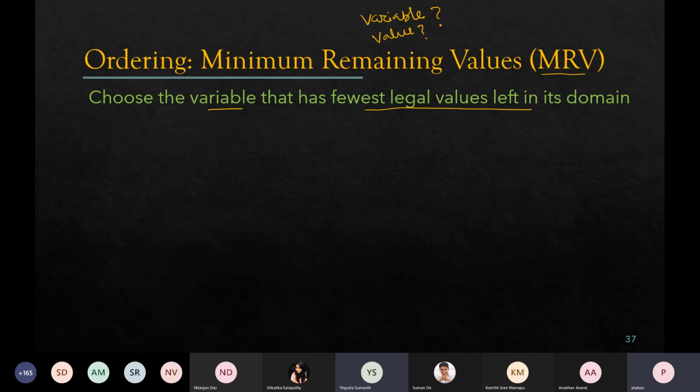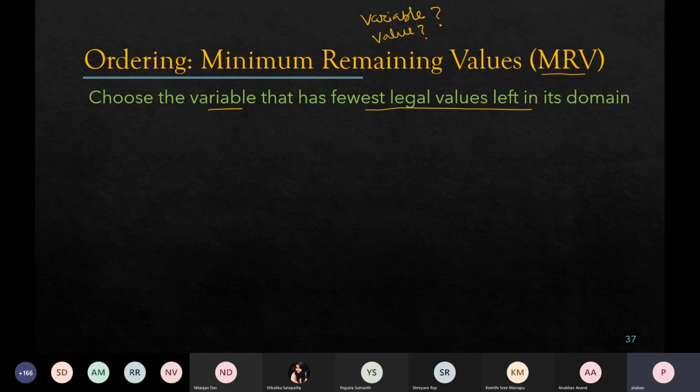Exactly. Let me put your words in a different way. If we choose the variable which has the fewest values, in your case the variable only having one value left, and we assign it first, then if the solution is to fail, it will fail early. So I do not need to go through multiple assignments.